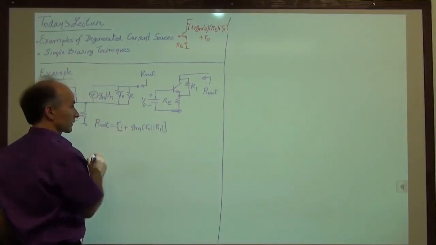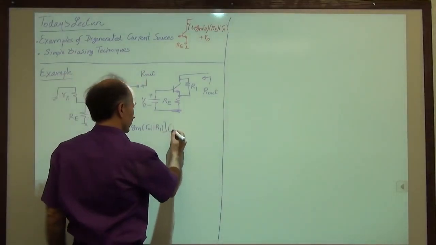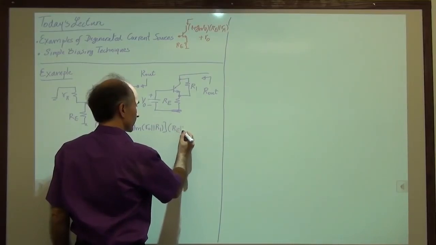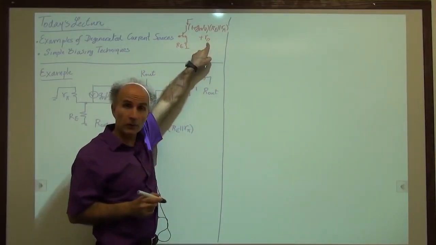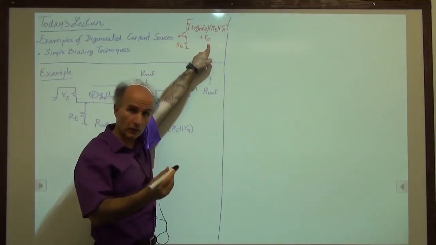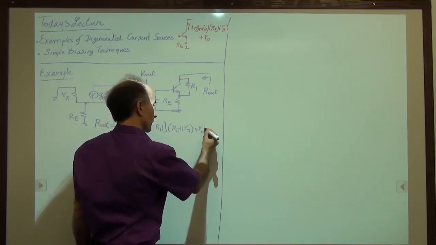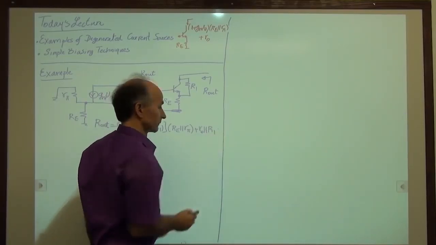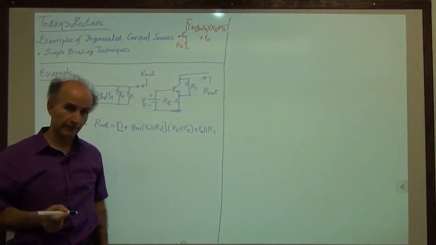So that's this expression. But we go on with RE in parallel with R pi. And then the last term also goes from RO to RO in parallel with R1. So RO in parallel with R1. And that's it. We have found the output impedance of the circuit.